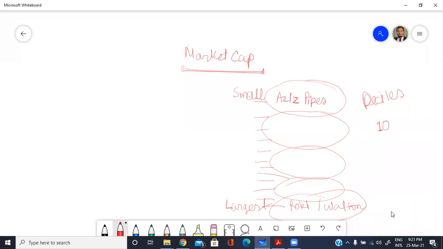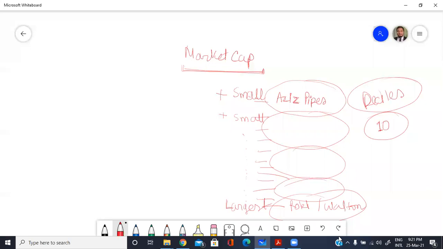Mostly small, mid, and large caps are just used to classify. Most smallest, then small, again small, in this way. Small, medium, large. In this way, how many groups? Ten groups, ten deciles. So it is possible to group all these companies into 10 deciles. Okay.